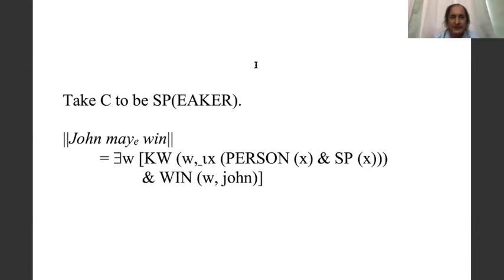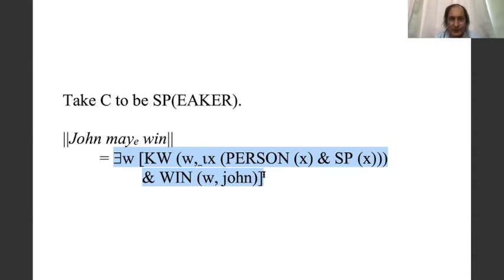And so if we take C to be the speaker, SP, we put speaker into here, we end up with John may win, giving us this as a logical translation. There's some world compatible with the knowledge of the unique individual who is a speaker and a person.